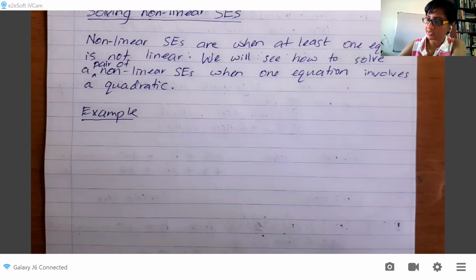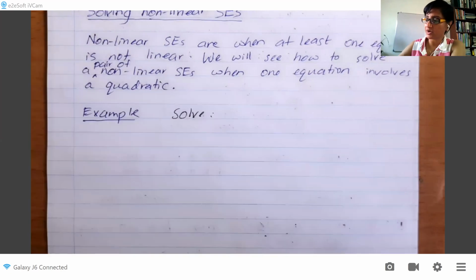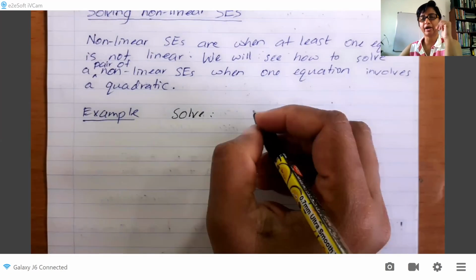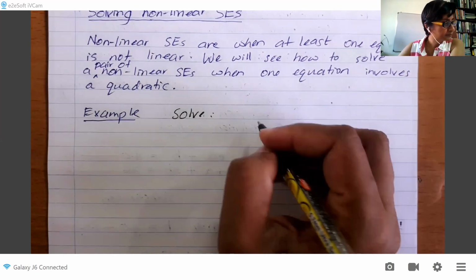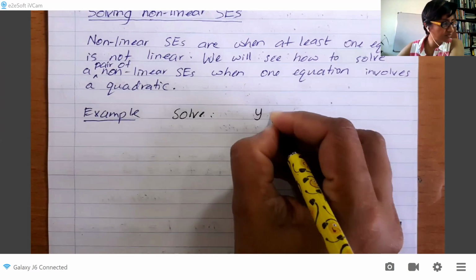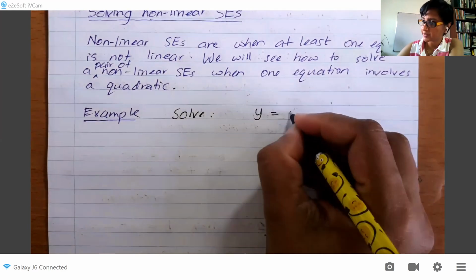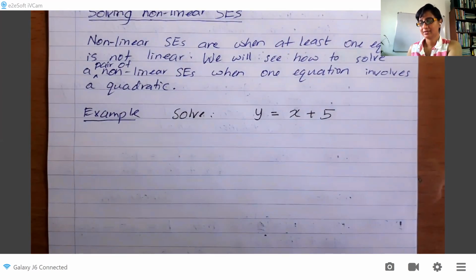Here's my first example. Solve. Out of your pair of simultaneous equations, one will be a normal one. And I'm giving you in this form. Y equals x plus 5. That's one equation. Do you immediately see a difference in the way I gave it?